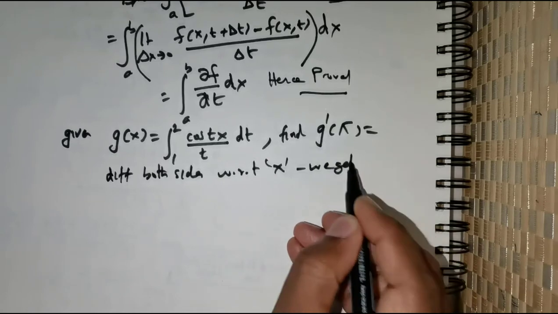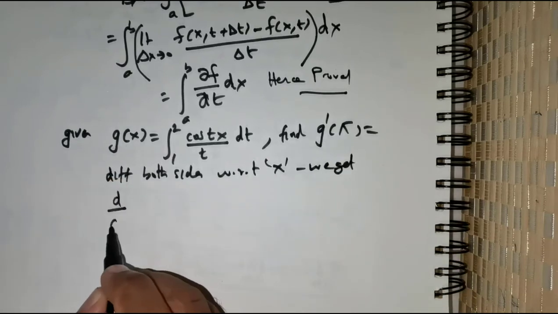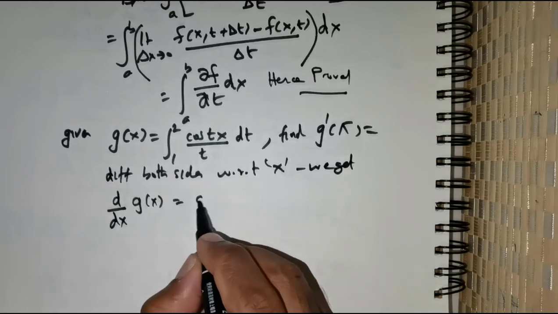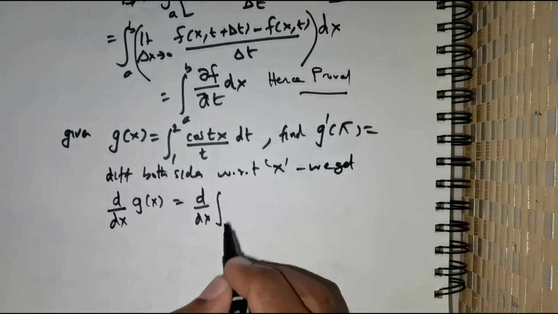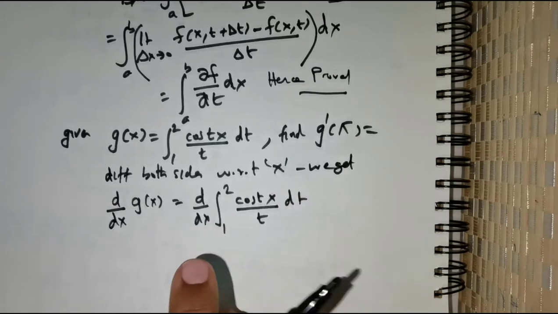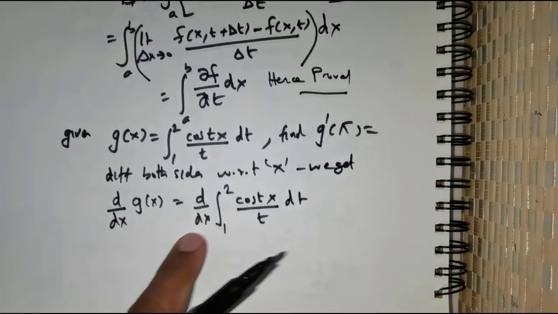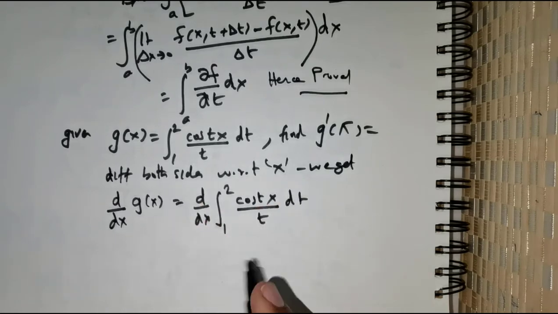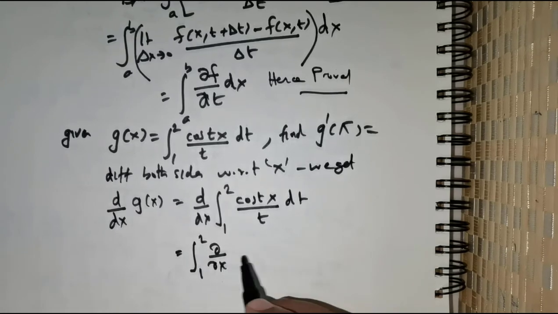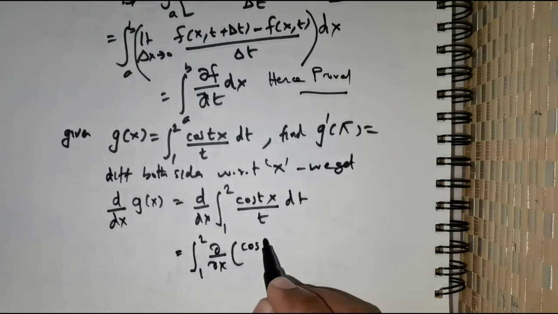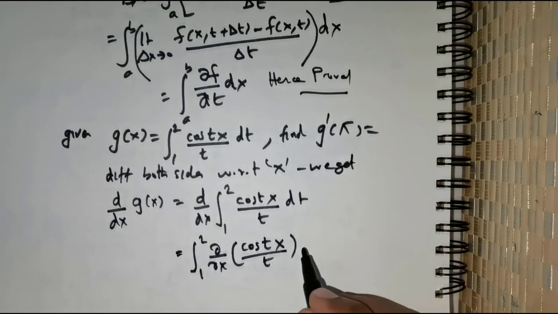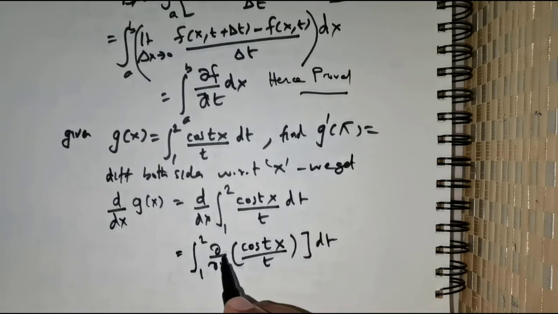This is d over dx, the total derivative of g of x, equal to d over dx of the integral from 1 to 2 of cos(t x) over t times dt. By Leibniz rule, if this d over dx goes inside, it becomes a partial derivative. So this is equal to the integral from 1 to 2 of dou over dou x of cos(t x) divided by t, and you have dt there.